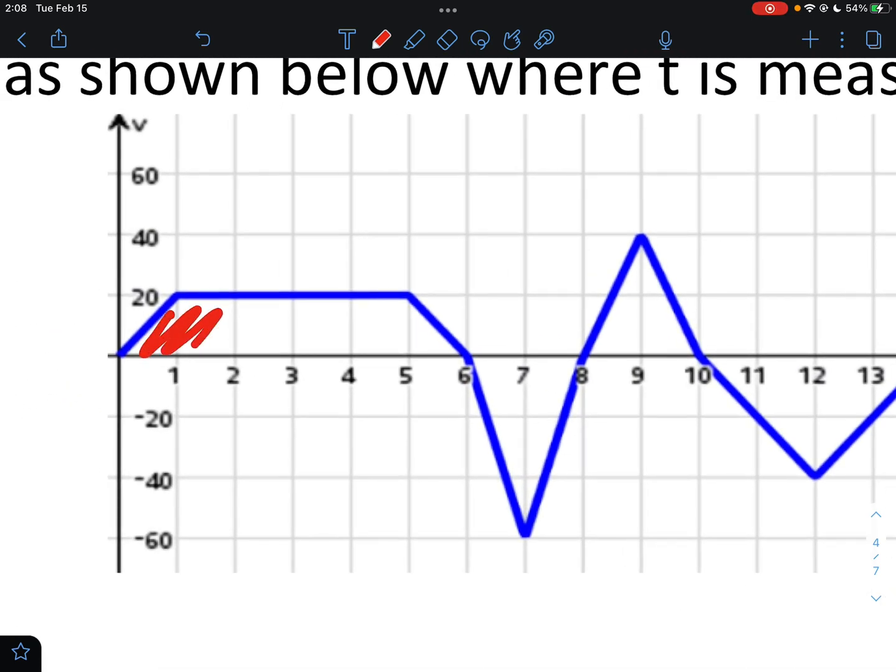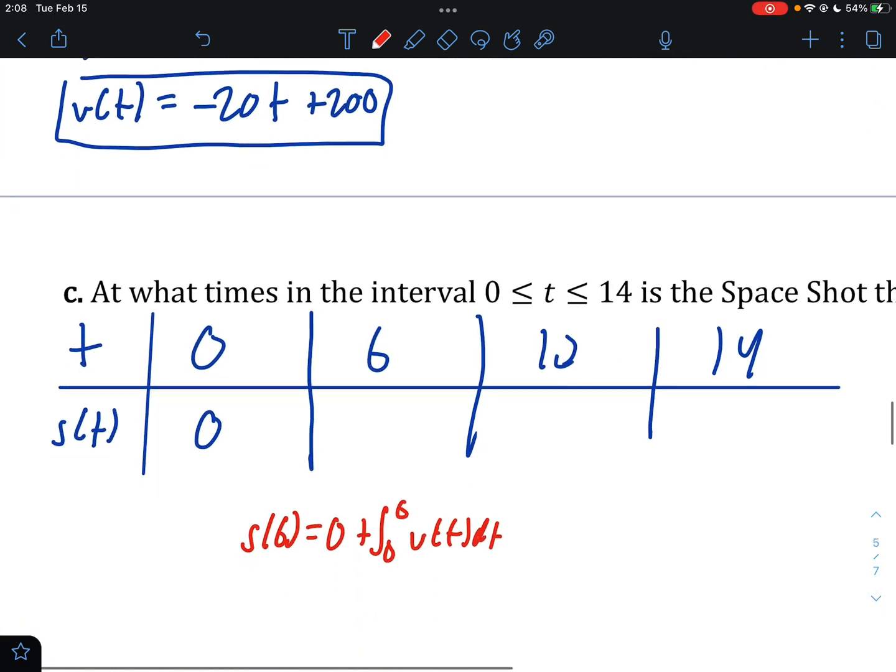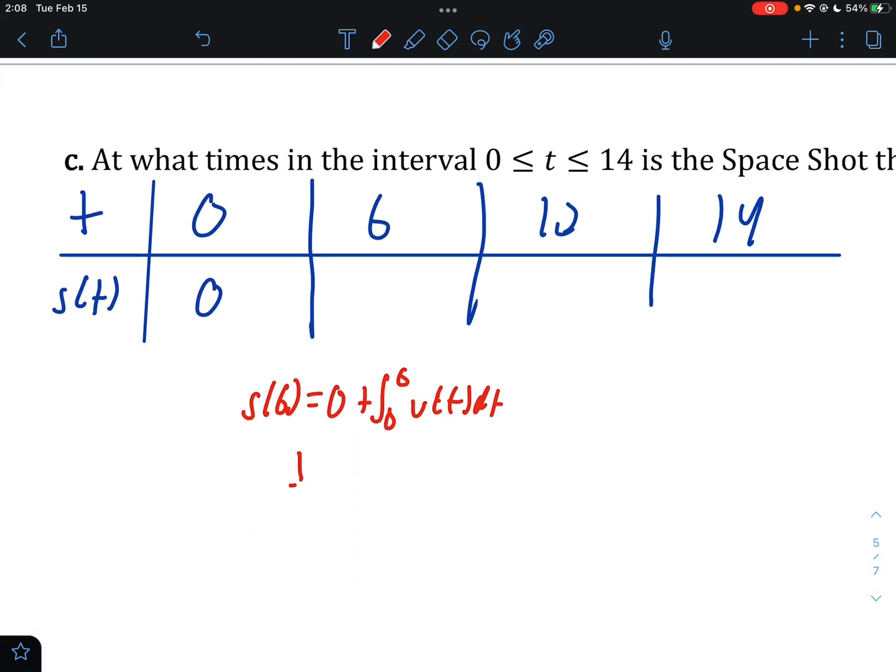It's just a trapezoid here of height 20 and bases 6 and 5. So 1/2 times 20 times (6 plus 5). Should be 10 times 11, 110.